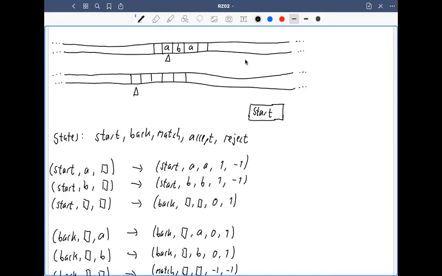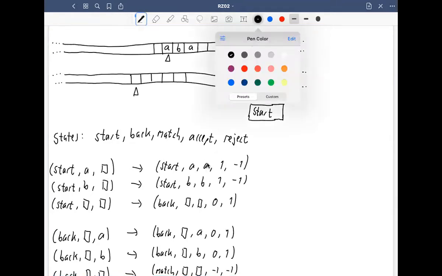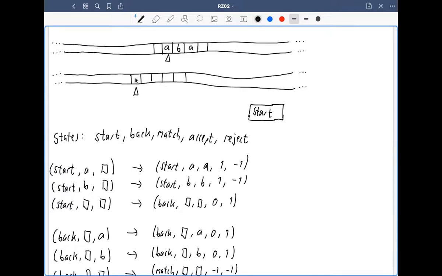So now we write an A. The first head moves right, and the second head moves left. So we've written an A here, and the second head is moving left, so there's another cell here that I hadn't written.